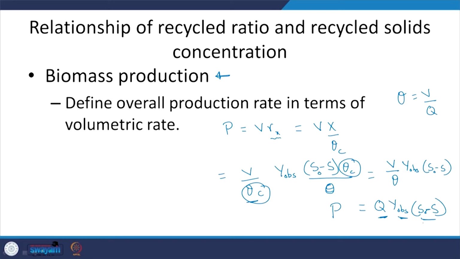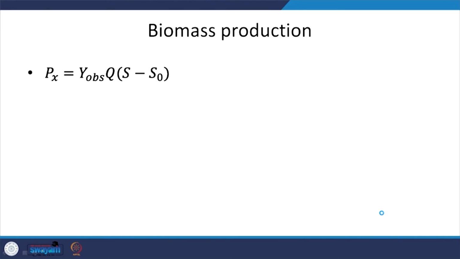The observed yield tells me how much substrate is turned into biomass, and if I multiply that by Q, that gives me the relevant rate. So, that is what we have here. Let us move on. I guess we already did this and this is what we already ended up with.